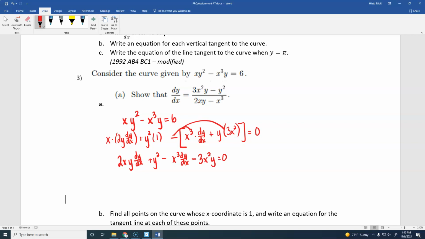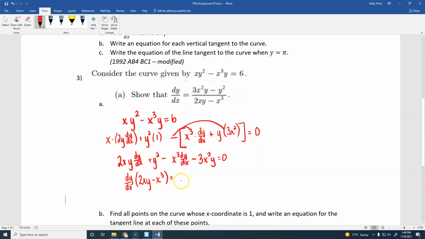What do we do after we've cleaned this up a little bit? Everything to the other side that does not have a dy dx. I'm going to go ahead and factor out the dy dx while I do this. So when we move this stuff over, it's going to change sign. Another thing is, you want it to look exactly like this at the end.